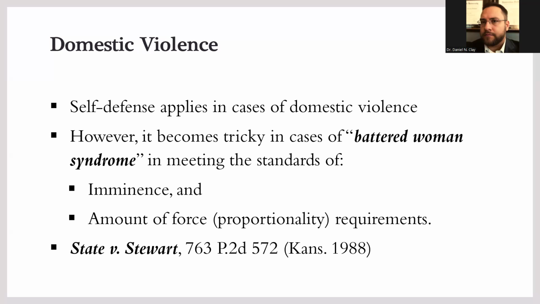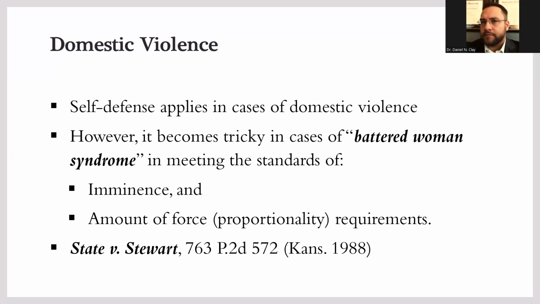Whether you're male, female, non-binary, trans, whatever it is, anybody can fall into this role. That being said, legally, a lot of places still call it battered woman syndrome. It's an unfortunate name because it's a misleading name. It's a misnomer. But even if we change the name to something that's more current, battered spouse syndrome, it doesn't make it any less tricky.